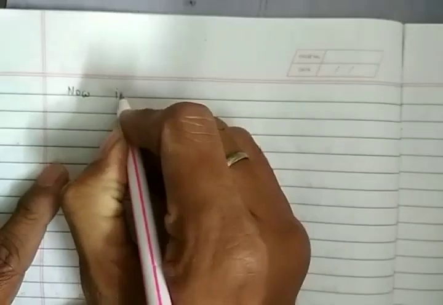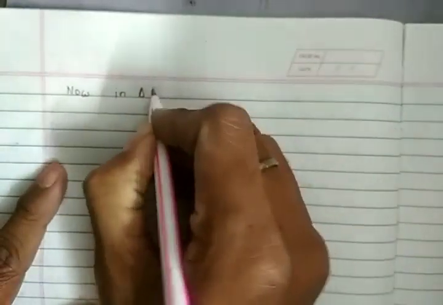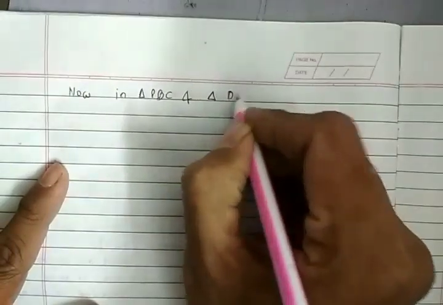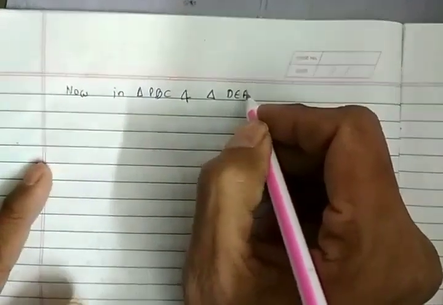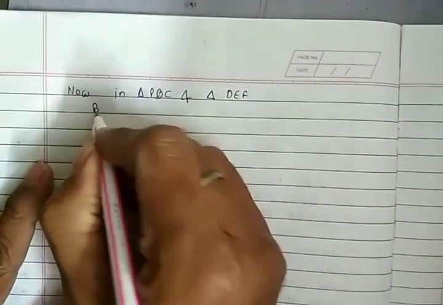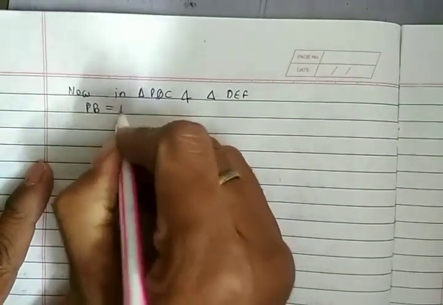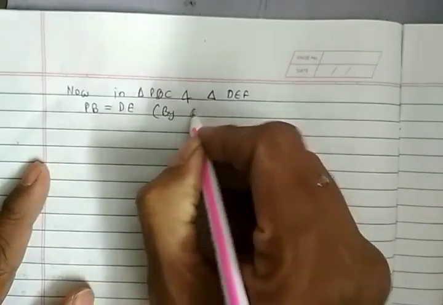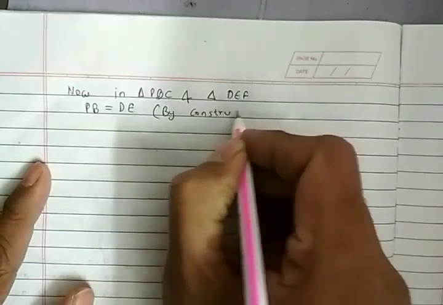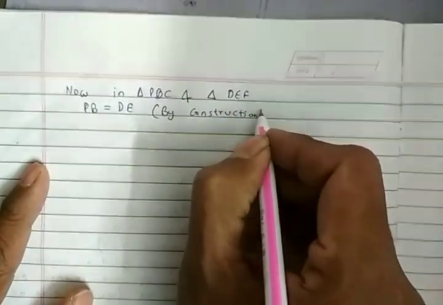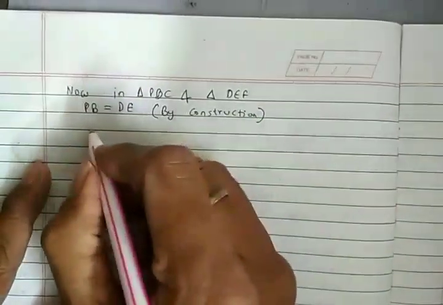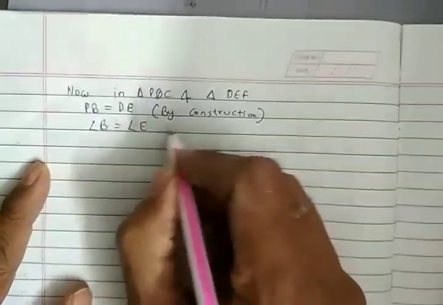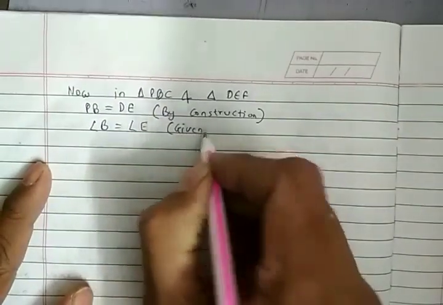Now in triangle PBC and triangle DEF, PB will be equal to DE. How can we say that? By construction, since we have constructed this line. Angle B equals angle E. This is given.